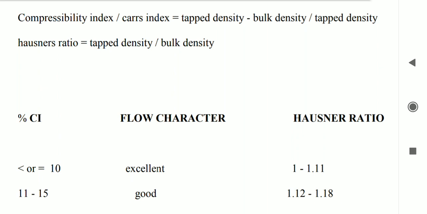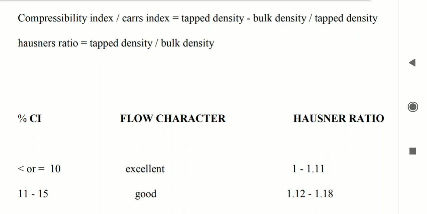Carr's index is written as tap density minus bulk density, divided by tap density. You know what tap density actually is. Whatever material we have, like an active pharmaceutical ingredient or some other excipient or any compound, the density in the normal state is the bulk density.